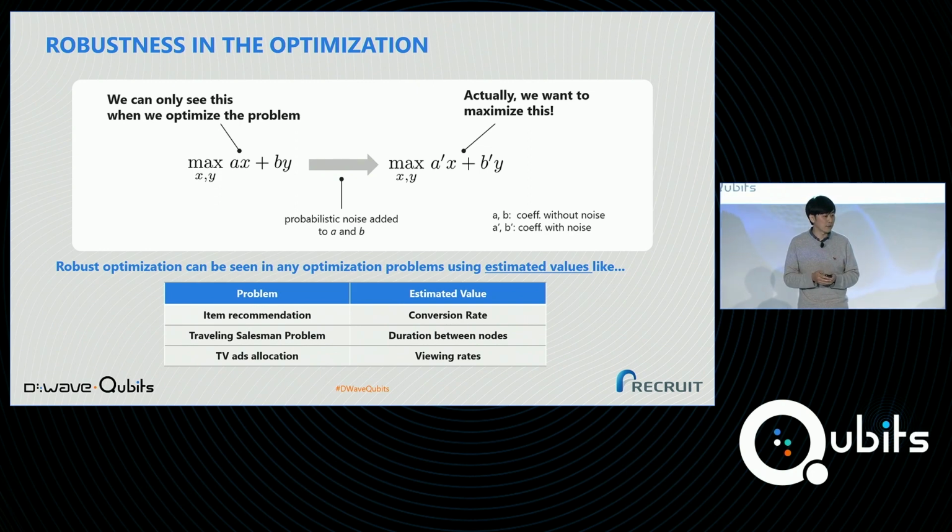For example, in the case of the traveling salesman problem, we estimate the duration from one node to another node. But this duration can change, maybe because of the weather or a traffic jam. So in real applications, there is some randomness. Robust optimization considers this randomness.